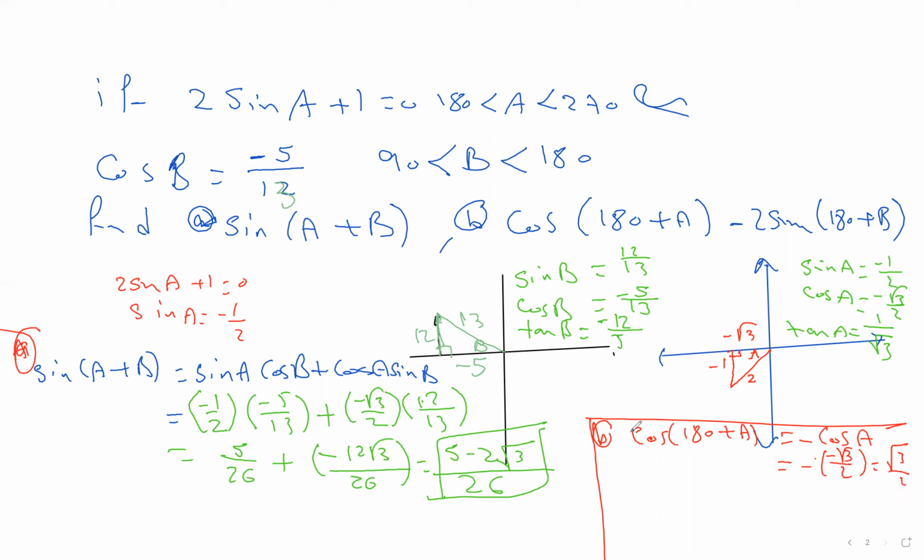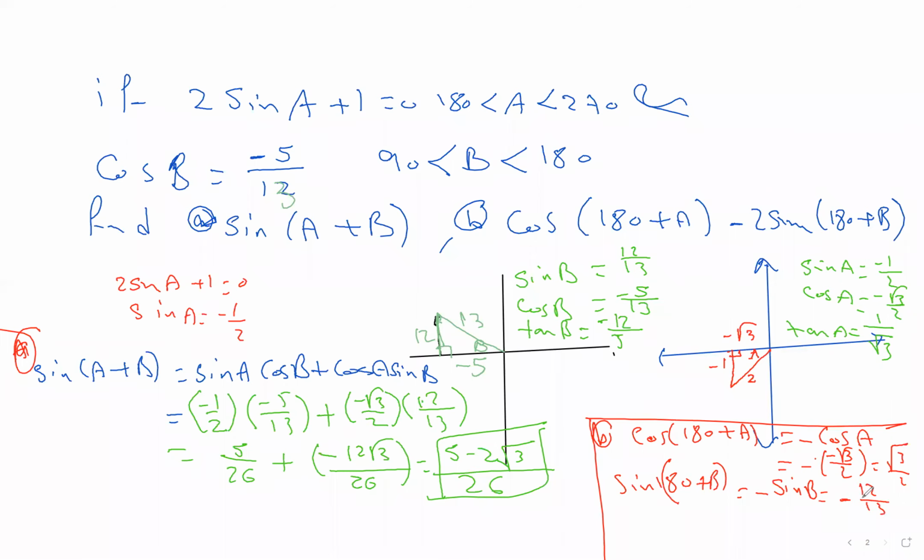So you will find the first as a property of any angle. And when you finish, you will find it positive or negative according to the property. Then put the value of cosine A or cosine B from the graph that you drew. The second one is sine 180 plus B, which is in the third quadrant, so it will be negative sine B, and sine B is 12 over 13, so it will be negative 12 over 13.